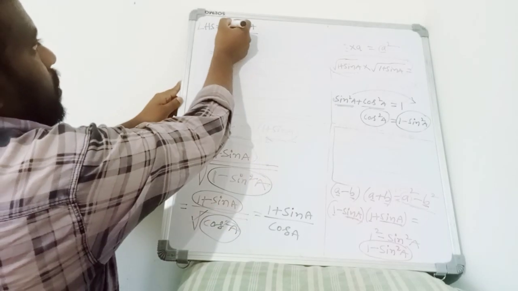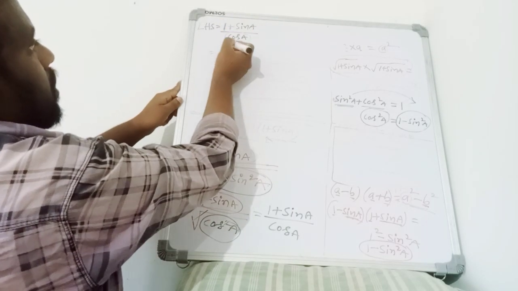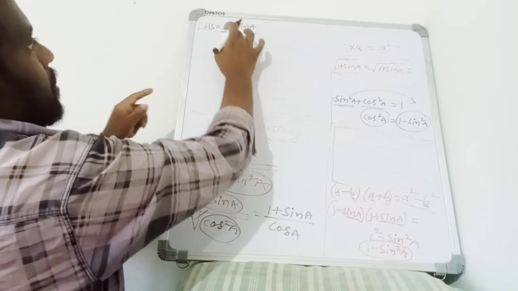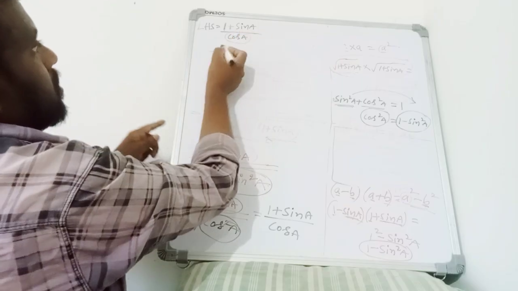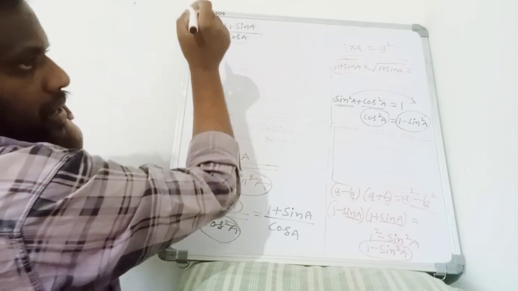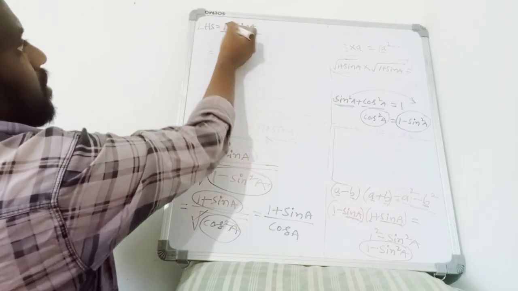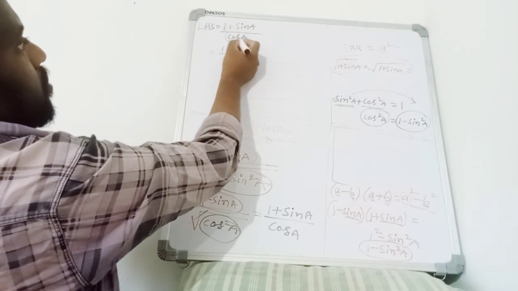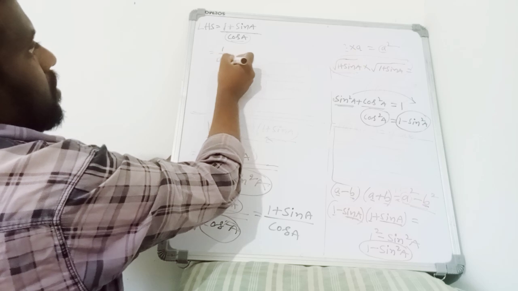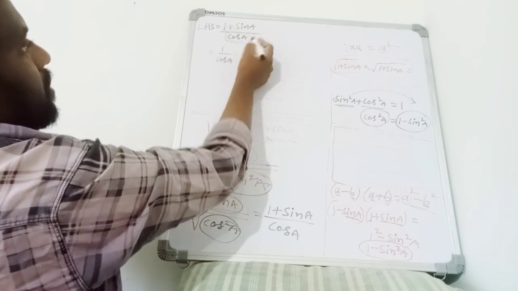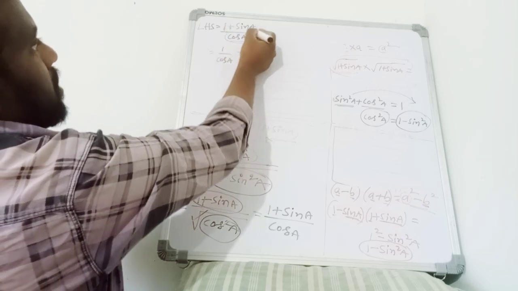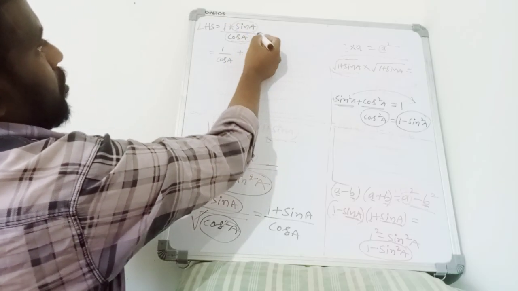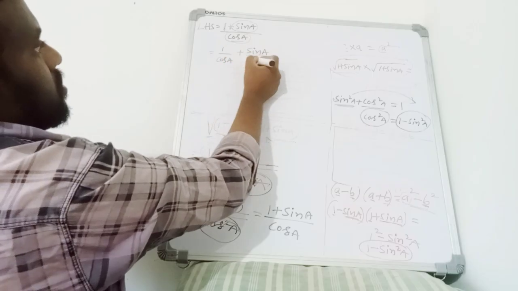What you can do, we can split this division. Because of the plus sign, we can split this, 1 separately, sin A separately. How? I will show. First write this, next division, cos A. Next write plus, and this sin A, divided by cos A.